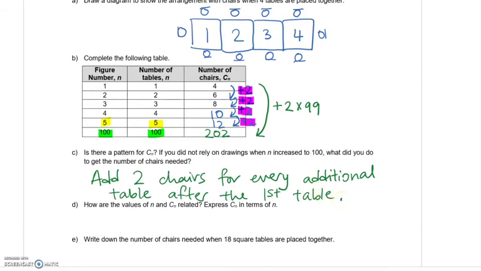Right? So, how are the values of n and Cn related? Express Cn in terms of n. Now, take note of this phrasing. What they are asking us to do here is to find the general term or general formula.